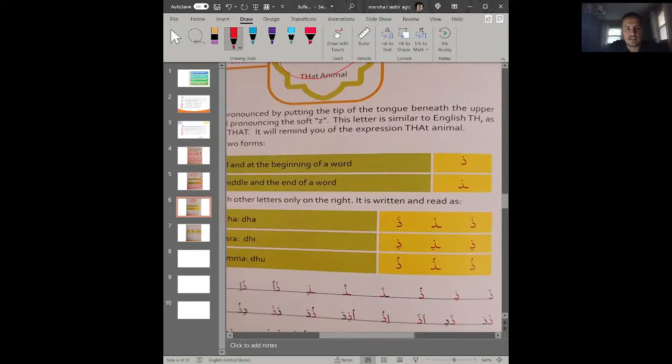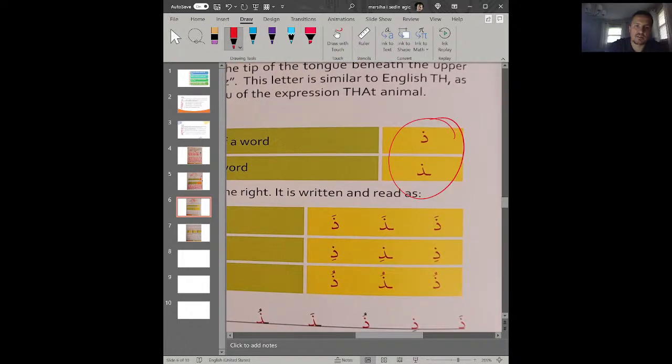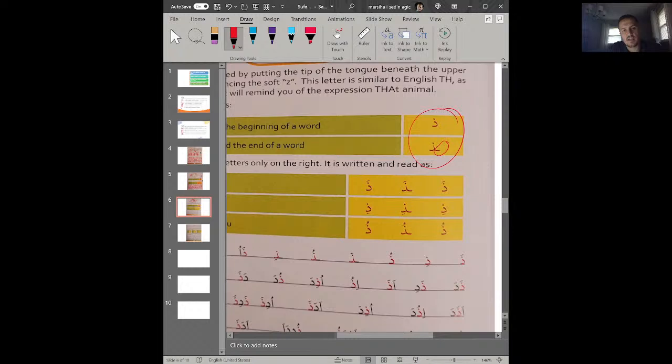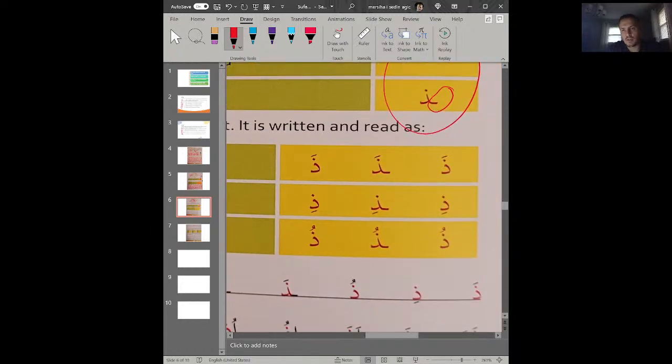Now this letter as well connects only from the right side, as you can see here. This is the isolated and the connected form. The small tail here is the connection. Okay, when we add Fatha, Kasra, Damma, of course I'm showing only the Arabic parts because you can see the English part in your books. So how do you say this one?